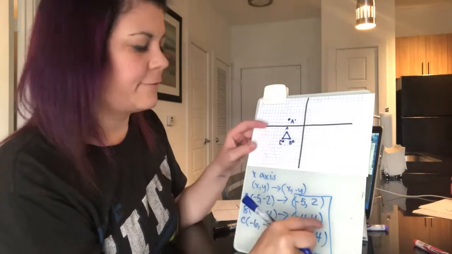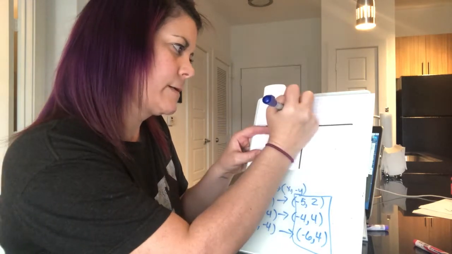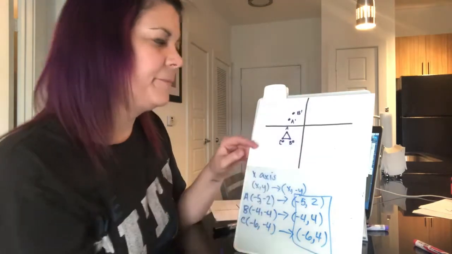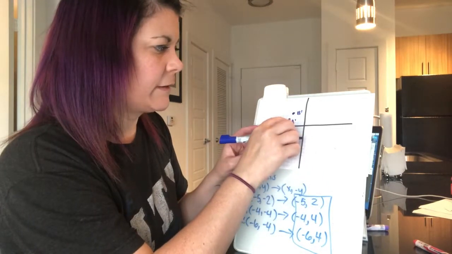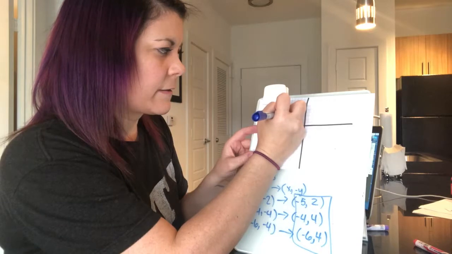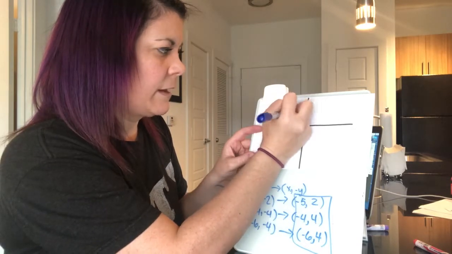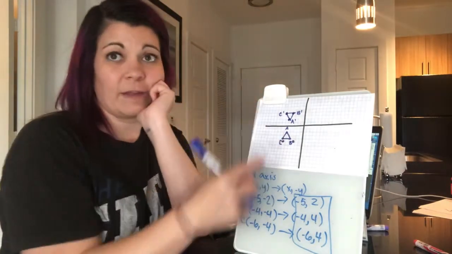B becomes (-4, 4), so B prime. And C becomes (-6, 4), and that's C prime. You see that we have our triangle, and it's reflected.